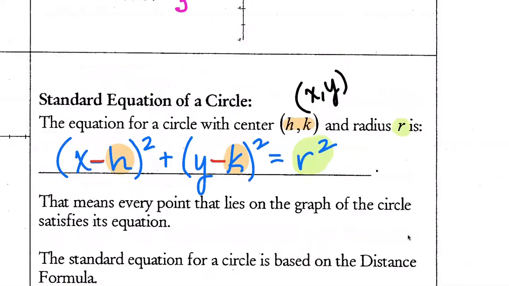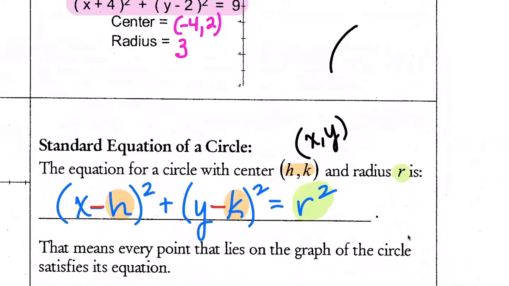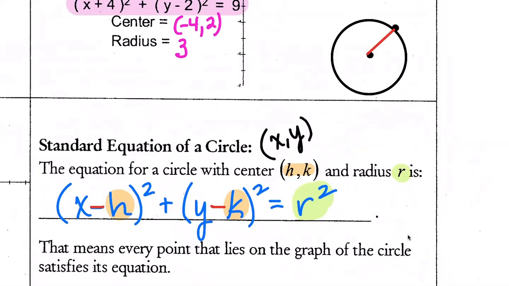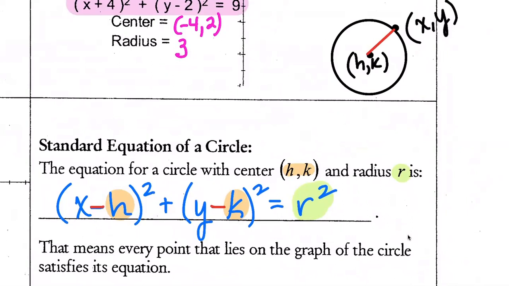So you have a circle and there's the center. You want to figure out the distance between the two. That would be the radius. Put that point there. This would be your h, k point. This is the center.